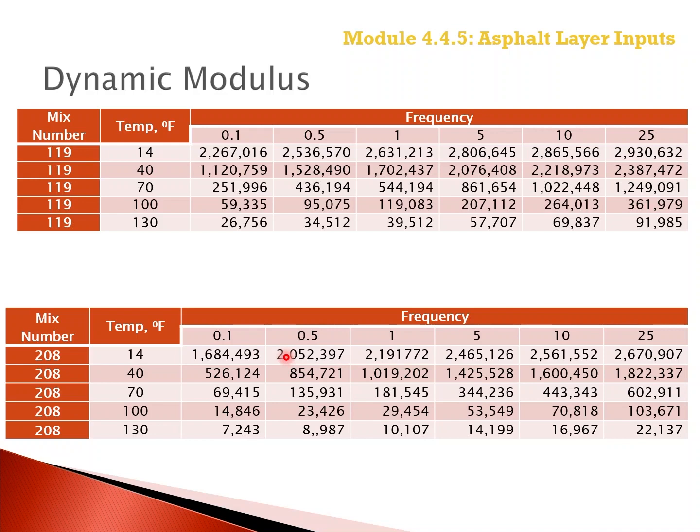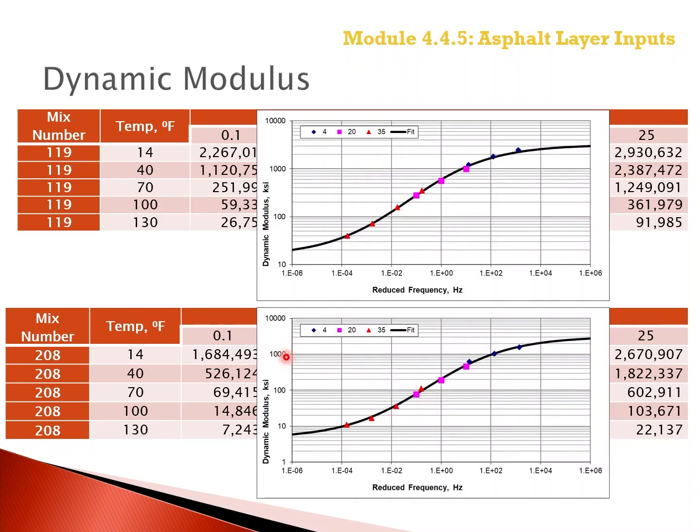So input compatibility and being consistent with how the transfer functions were calibrated, either using unconfined or confined tests, is important. These two graphs are simply the simulation of the master curve or the master curve created for these two sets of data.